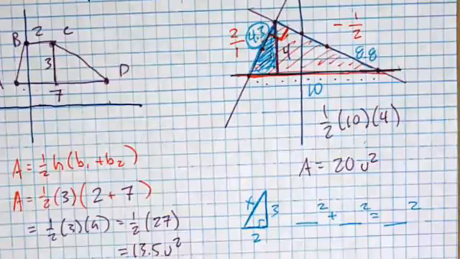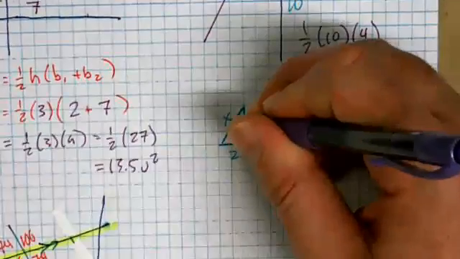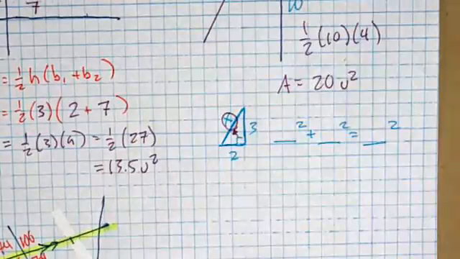There we go. So make sure that your hypotenuse goes in the right spot. You should be thinking about what your hypotenuse is. Remember, the hypotenuse is the one that's across from the 90-degree angle. Make sure that goes in the right spot.